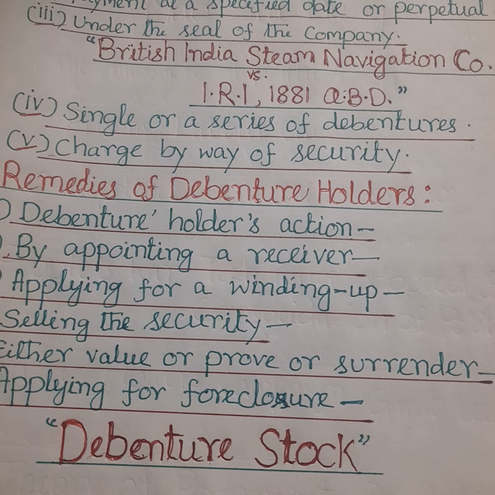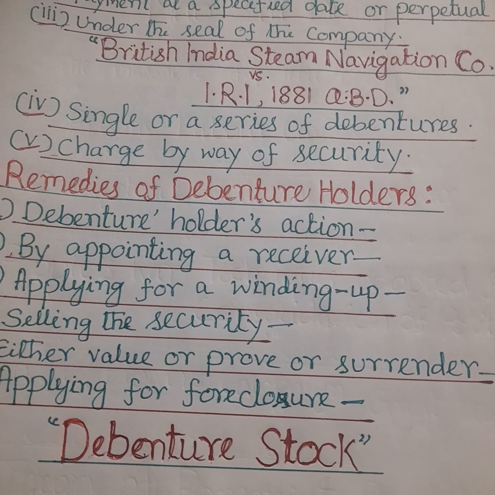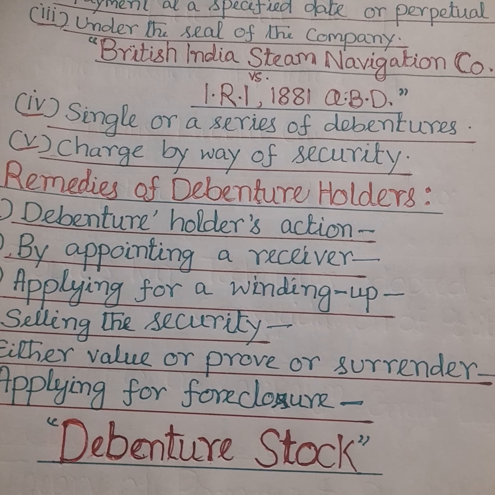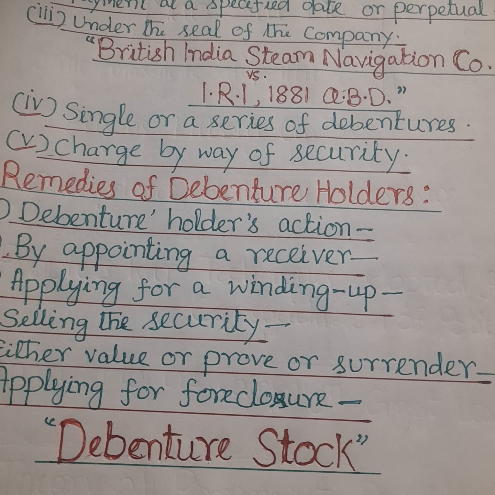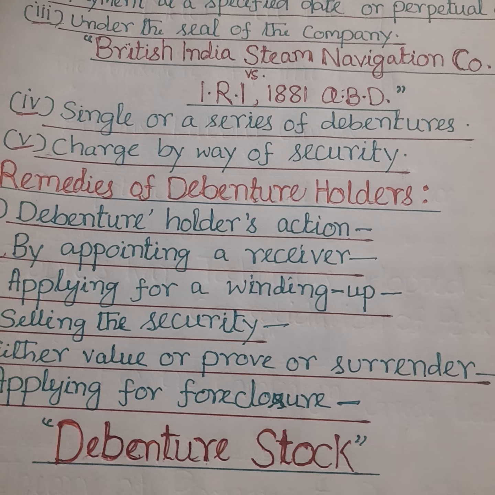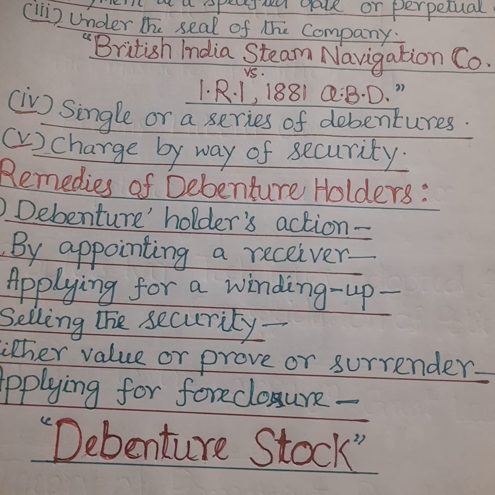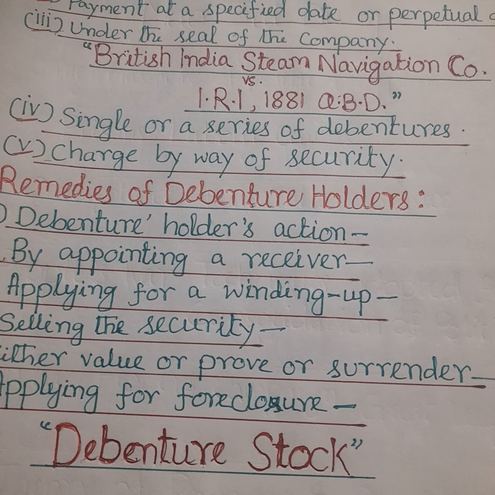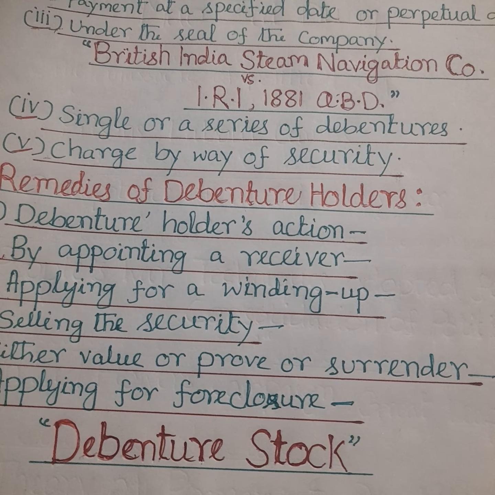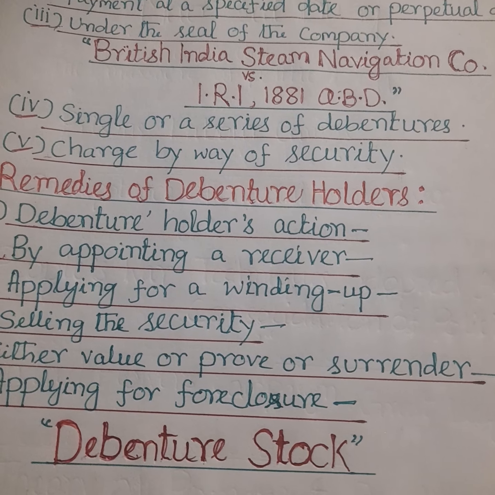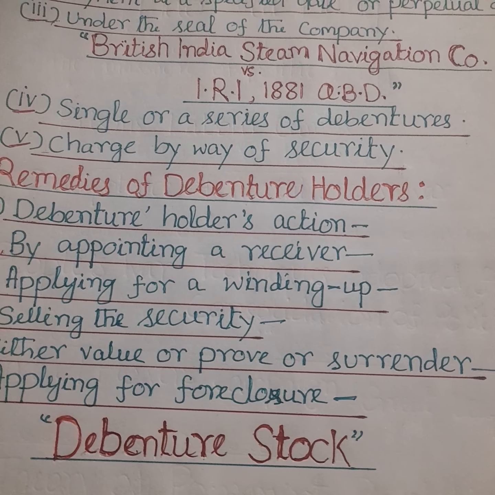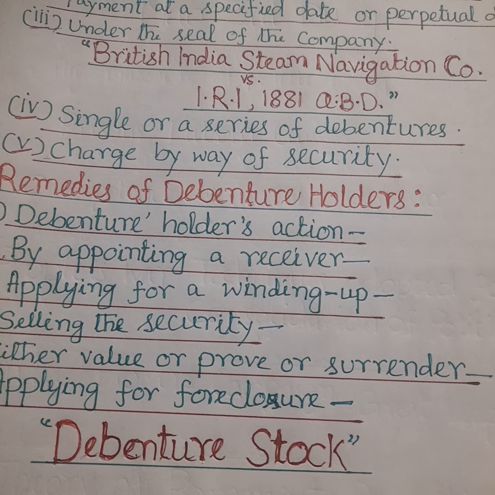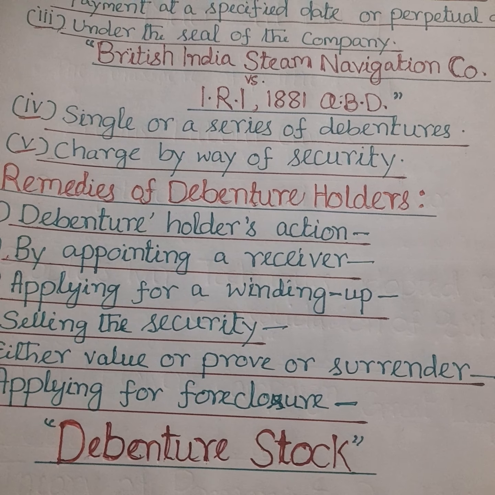So, debenture stock is secured by the execution of a trust deed whereby the issuing company covenants with the trustees for the debenture holders, and stockholders obtain certificates of title. And this is one of the most important differences we find between debenture stock and debentures.